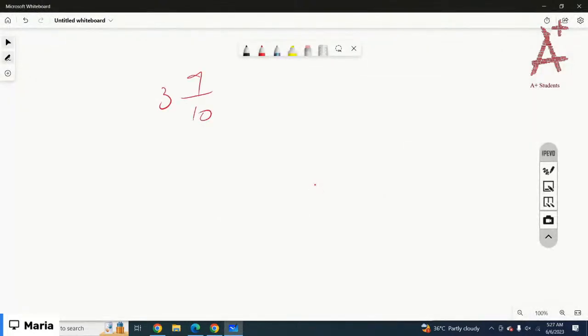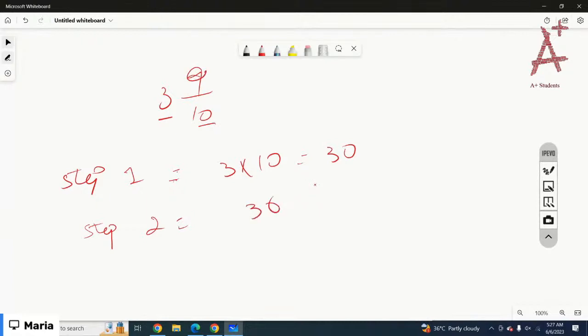Three whole 9 over 10. Step 1 is you have to do whole number times denominator. 3 times 10, that would be 30. Step 2 is you have to add numerator to this answer, so it would be 30 plus 9, that makes 39.